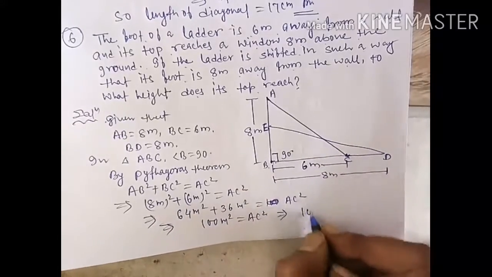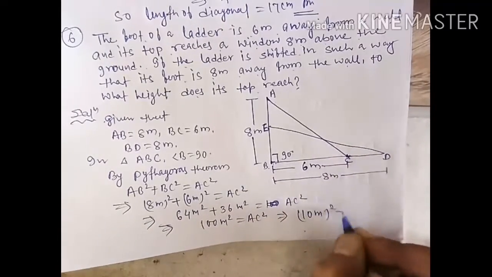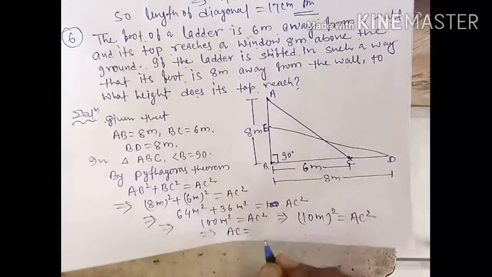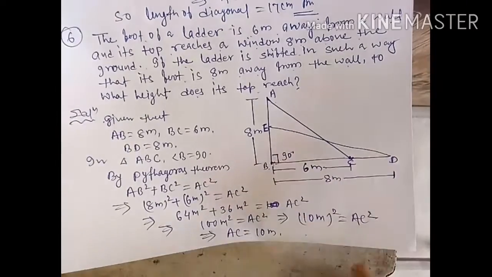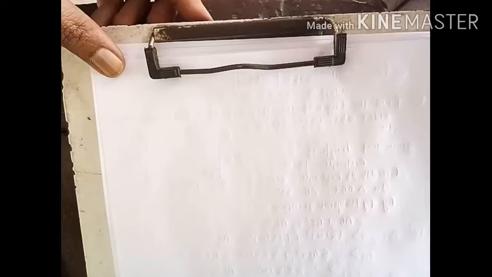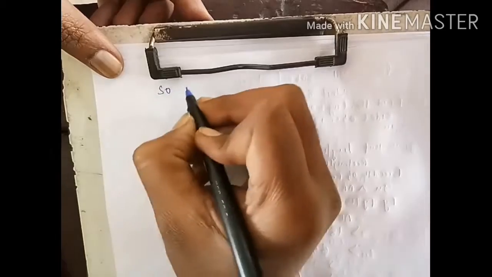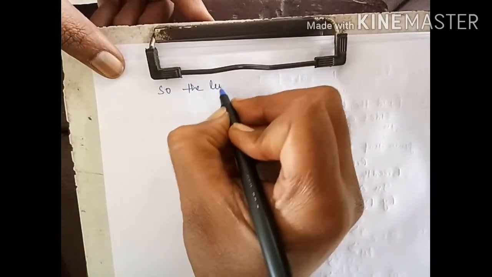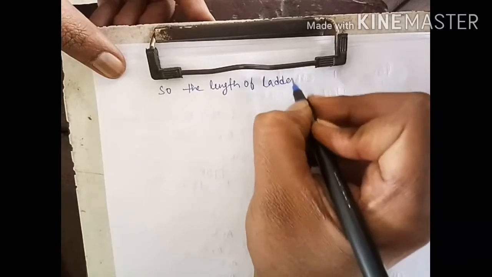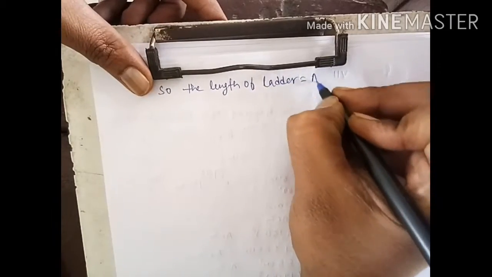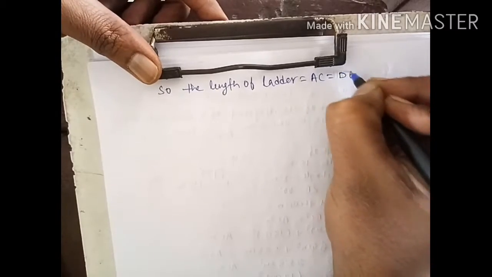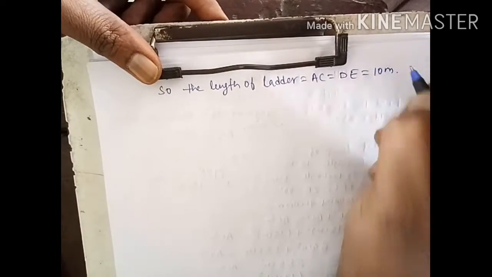It means 10 meter whole square is equal to AC square. So AC is equal to 10 meter. And what is AC? AC is the length of the ladder. So the length of the ladder is equal to AC, which is equal to DE, is equal to 10 meter.